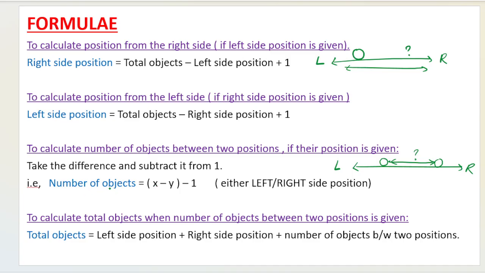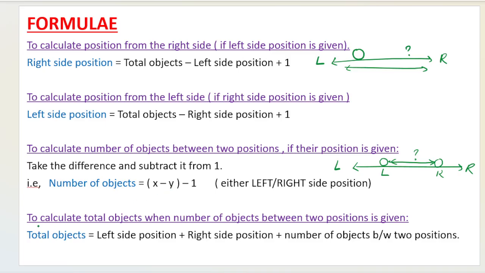Number of objects is equal to x minus y minus 1. X minus y is nothing but left side minus right side minus 1. Here you need to subtract the smaller value from the greater value.